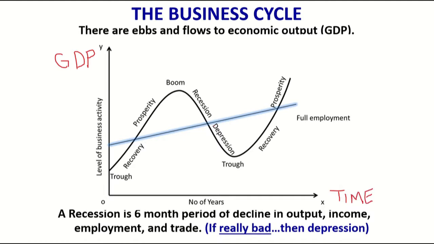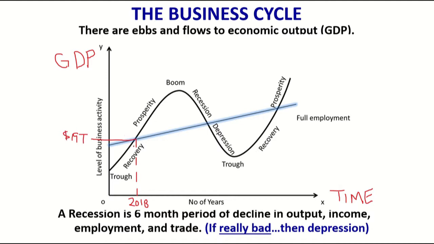And all economists are saying is at any given point in time, we'll call this 2018, we should produce a certain amount of GDP. We'll say $19 trillion.